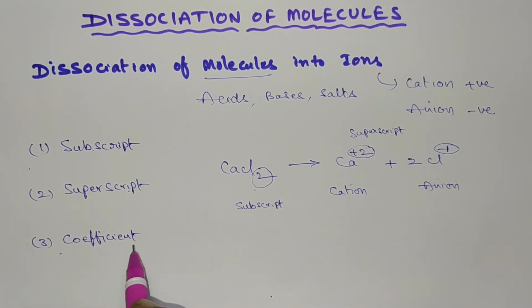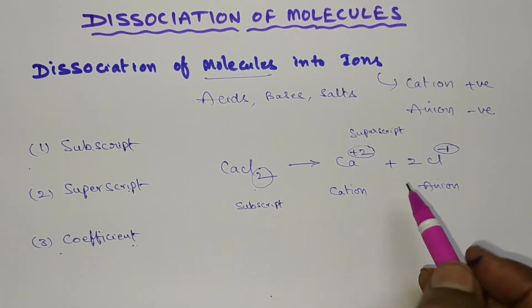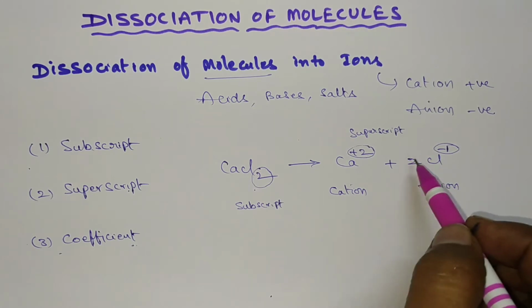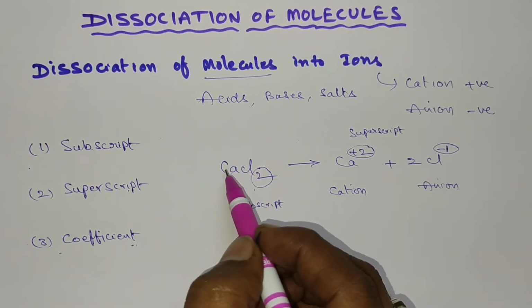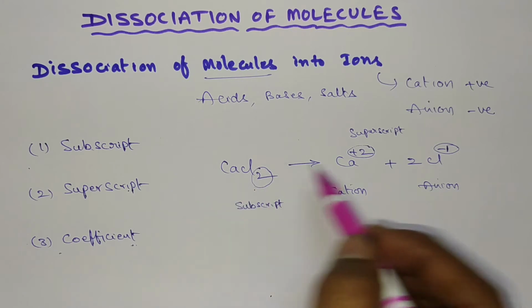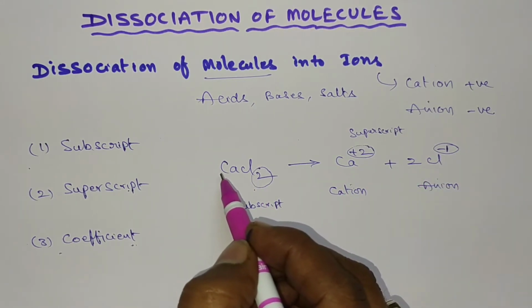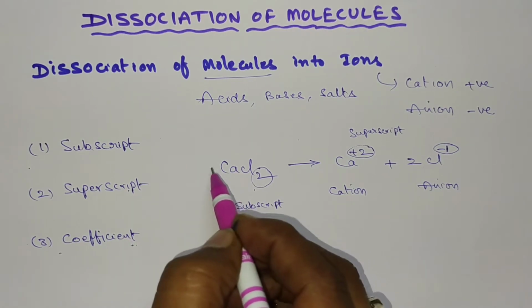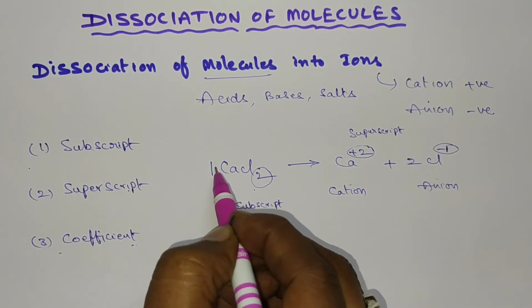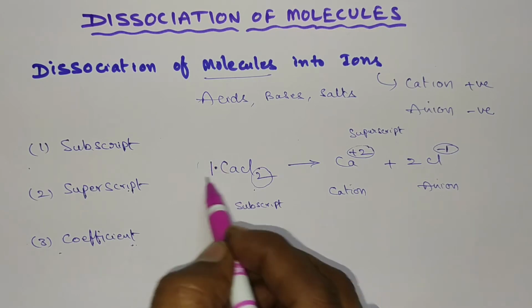And third one coefficient. Coefficient means the number which is present in front of the molecule or ion. The number which is present before the molecule is called coefficient. Here in front of the molecule 1 is there. So, 1 is called coefficient.